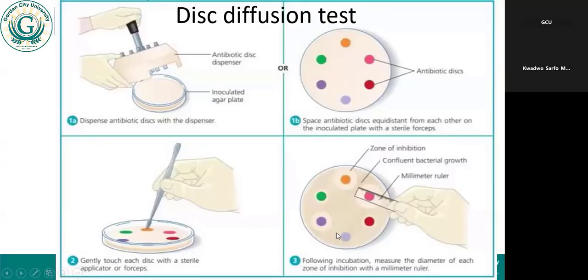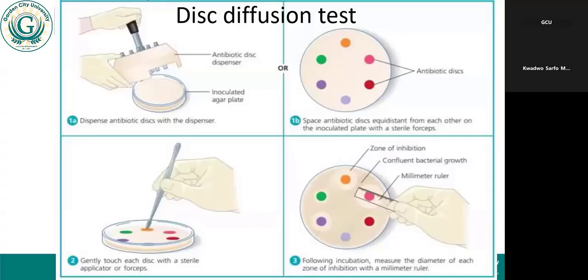If you see no zone around it or a small zone, it means they're able to survive or adapt to a certain limit. So you measure the diameter of this zone, from this end across the disc to the other end, in millimeters. You measure for each of the antibiotics you have used, and then you compare.